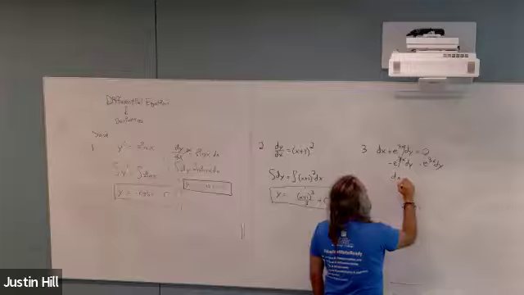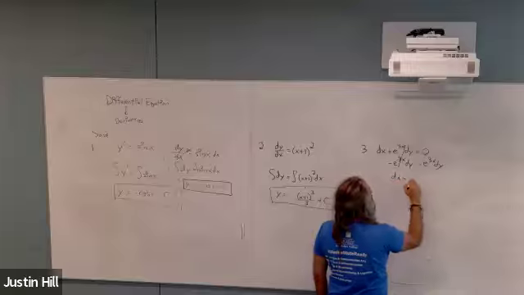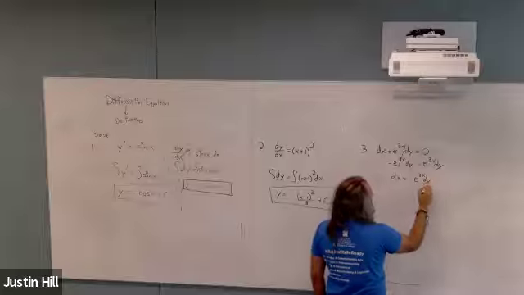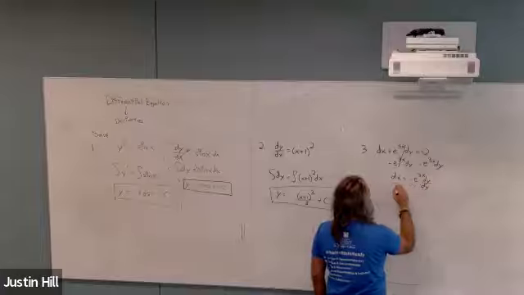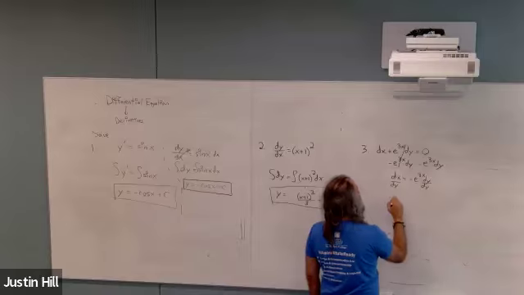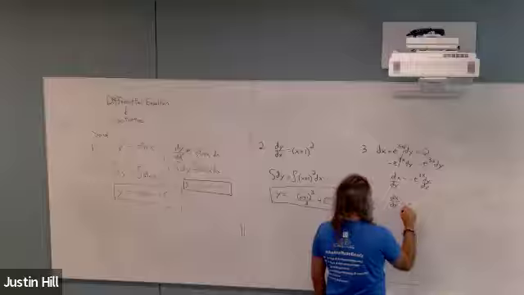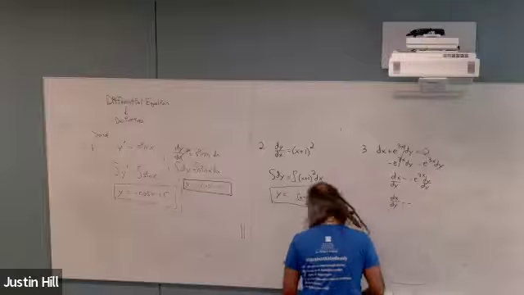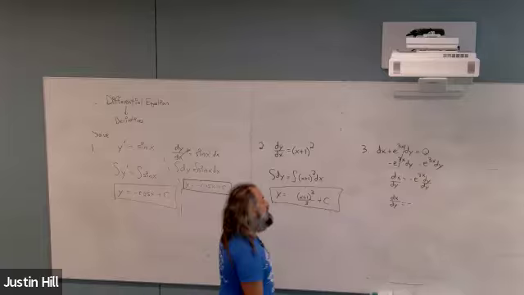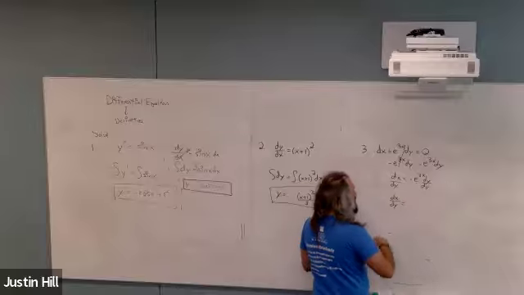At least we have dx equals negative e to the 3x dy. And then if you divide by dy, voila, you have a derivative.